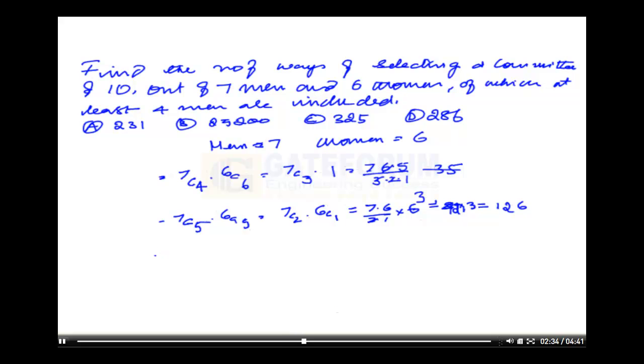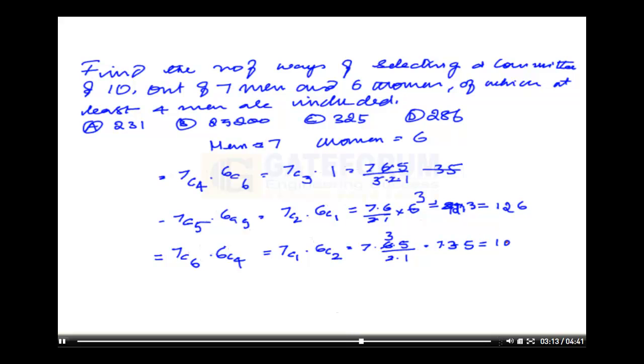the remaining are 5 women. Again, in the next case, we can choose 6 men and the remaining 4 people out of 6 women. So therefore that should be equivalent to 7C6, which is 7C1, again 6C4, which is 6C2, equivalent to 7 into 6 into 5 by 2 into 1. Again simplifying, we get here 7 into 3 into 5.